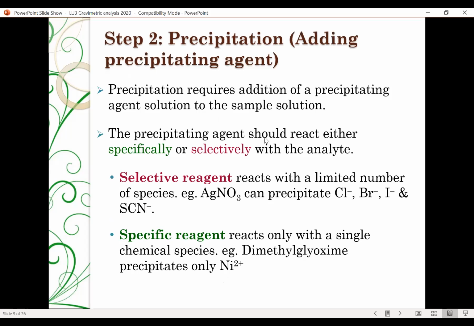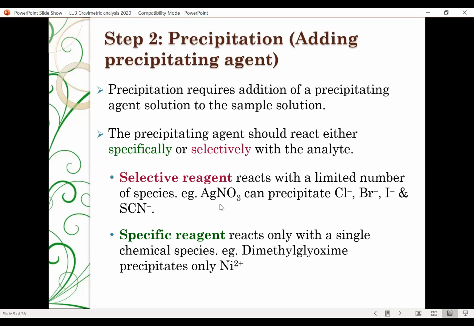We know just now that when we conduct precipitation process, we need precipitation agent. So precipitation requires addition of a precipitating agent solution to the sample solution. So the precipitating agent should react either specifically or selectively. What is a selective reagent? Selective reagent reacts with a limited number of species.